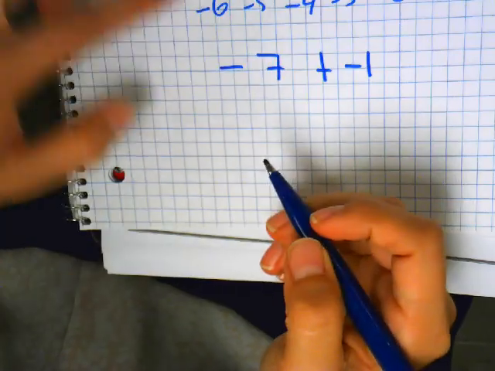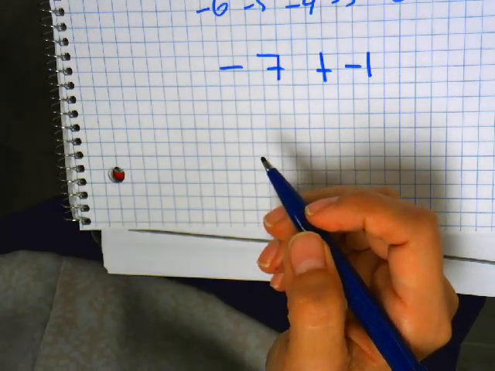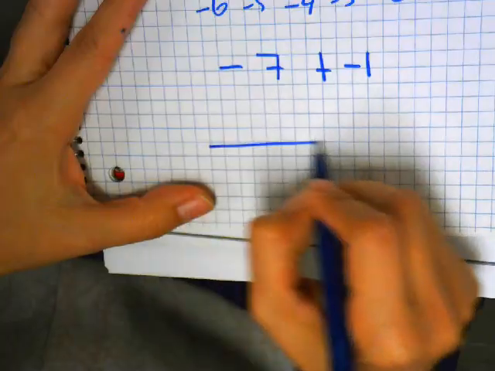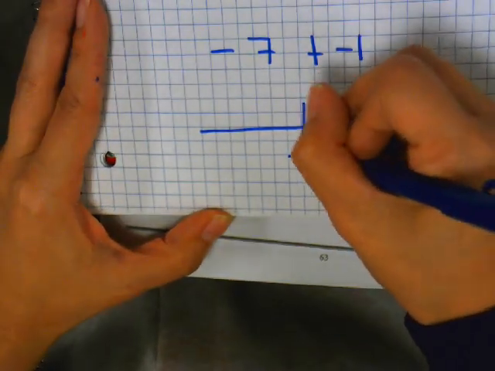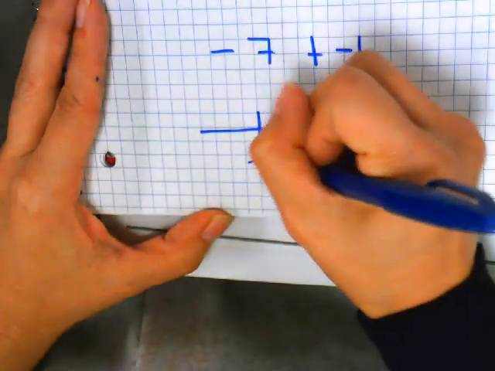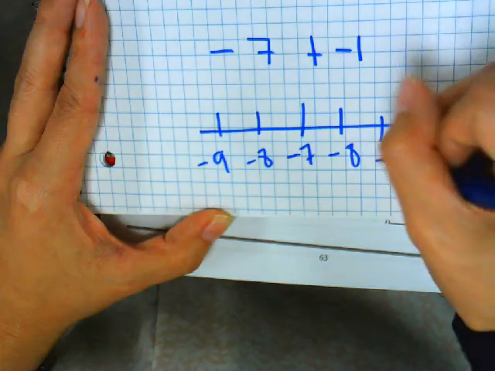What number goes in the middle? -7, -8, -9.